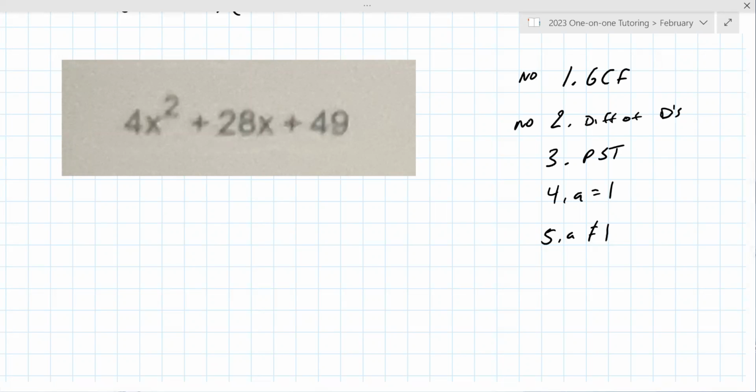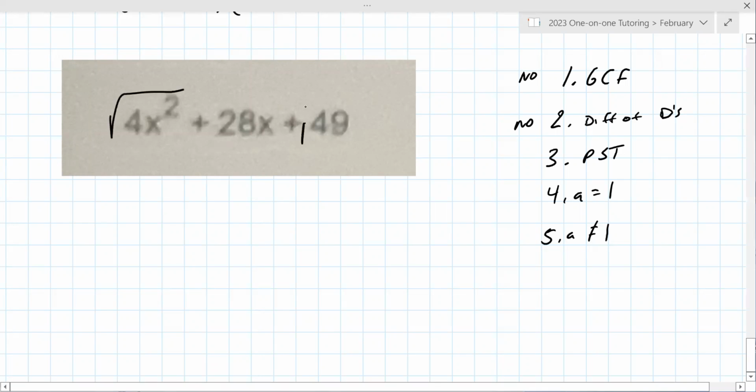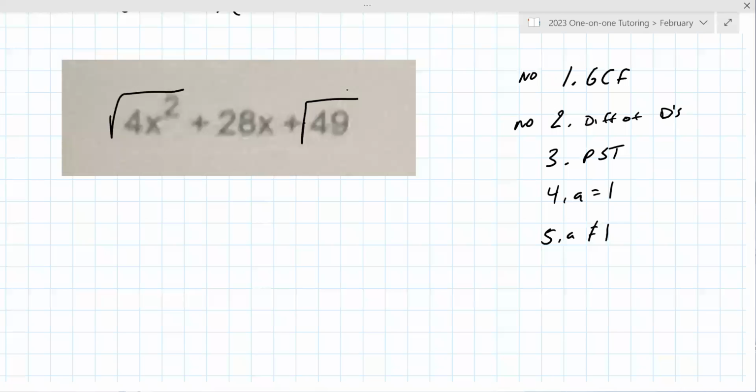Is this a perfect square trinomial? So can you take the square root of the first? Can you take the square root of the last? Yes.